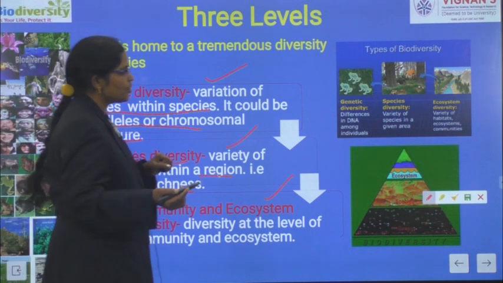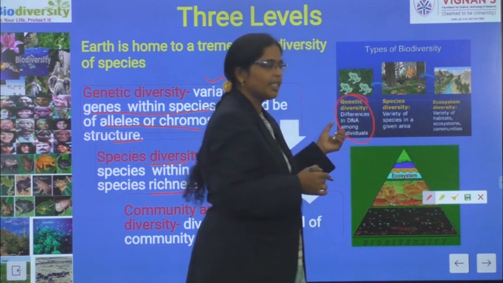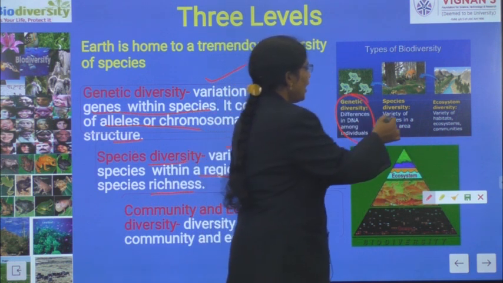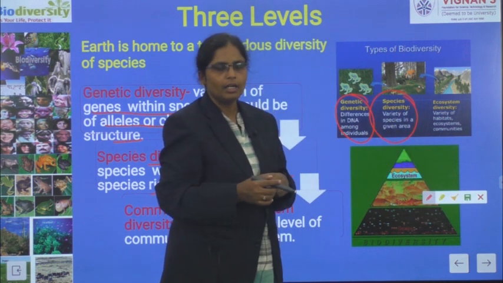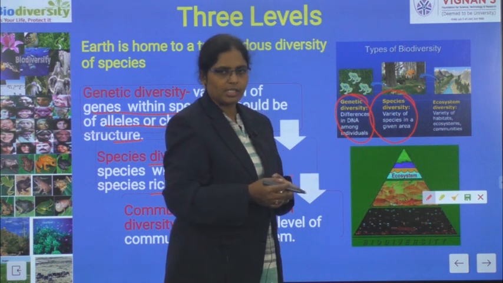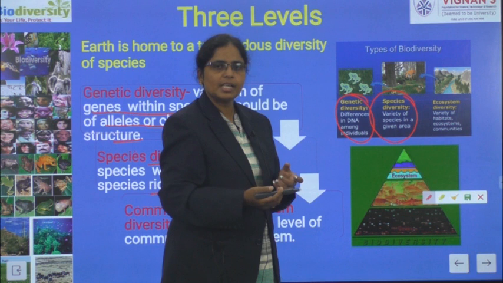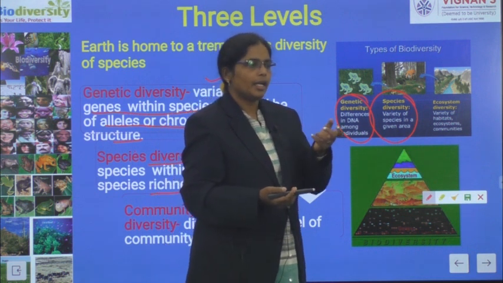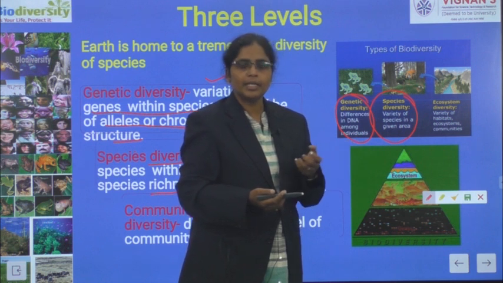And here in this picture, you can observe the genetic diversity, differences in the genetic material, nothing but DNA. And here, species diversity is the variety of species in a particular area. For example, if you take one forest area, where there is a variety of plant species, say teak wood, another one sandalwood, and another one the normal banyan tree.